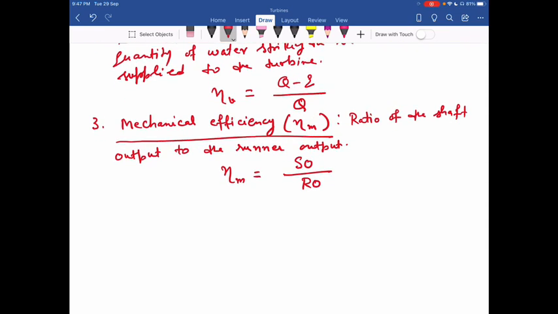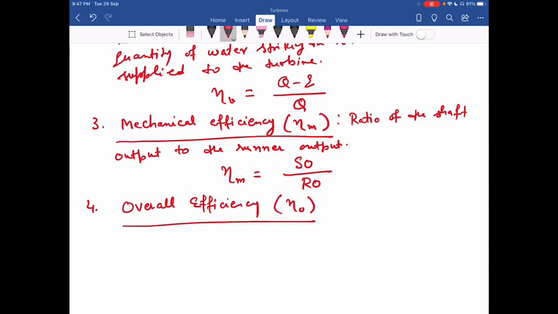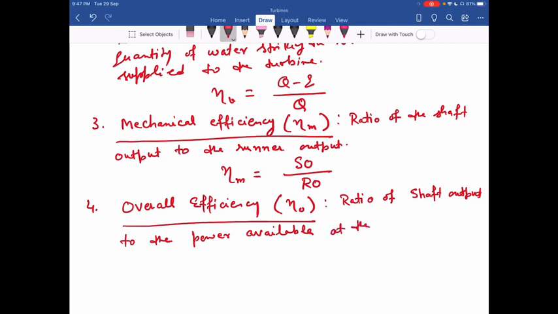There is one more efficiency that we call overall efficiency, eta O. This is the ratio of the shaft output to the power available at the turbine inlet.